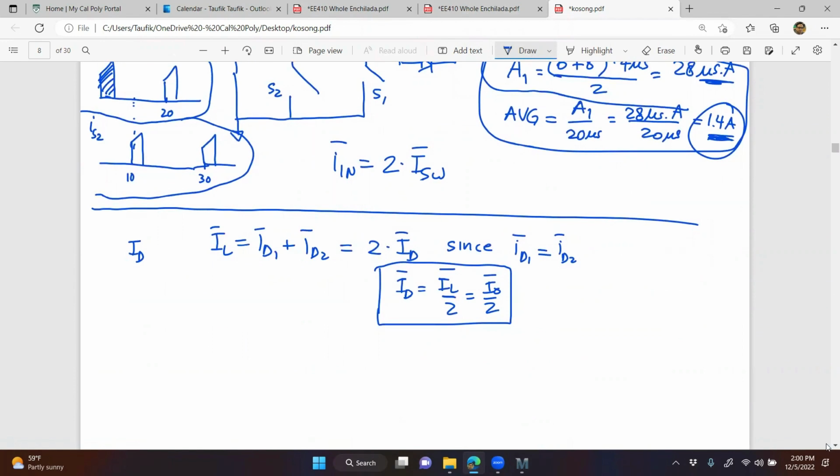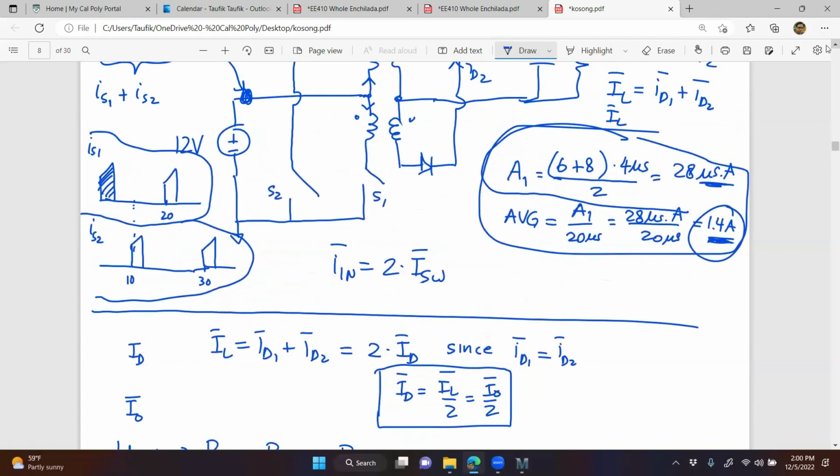So do we know I out average? Since this is ideal, P in is equal to P out. Do we know P in? P in is equal to V in times I in average.